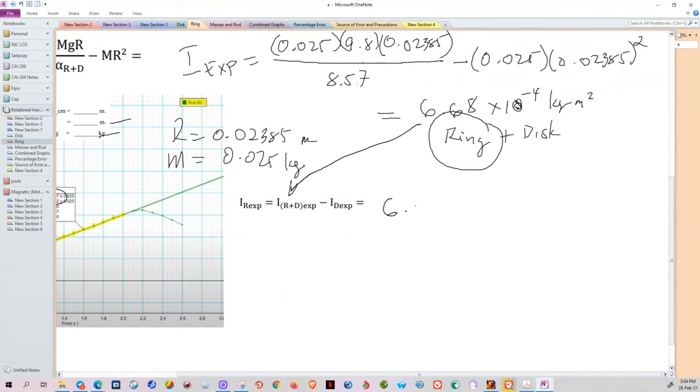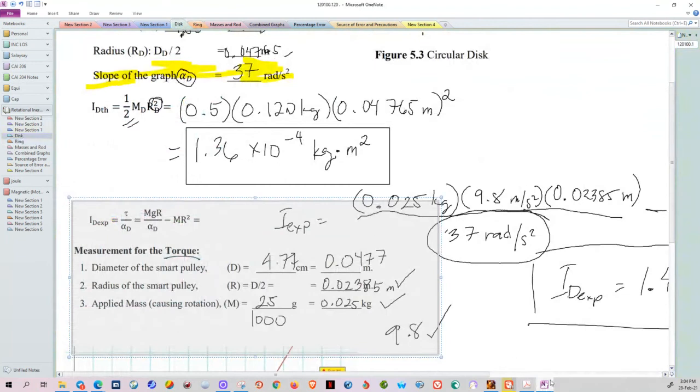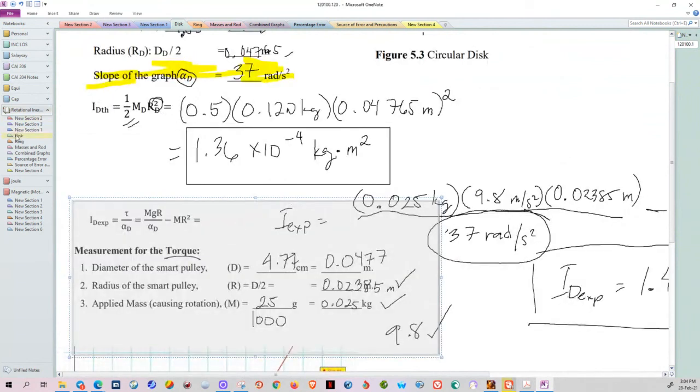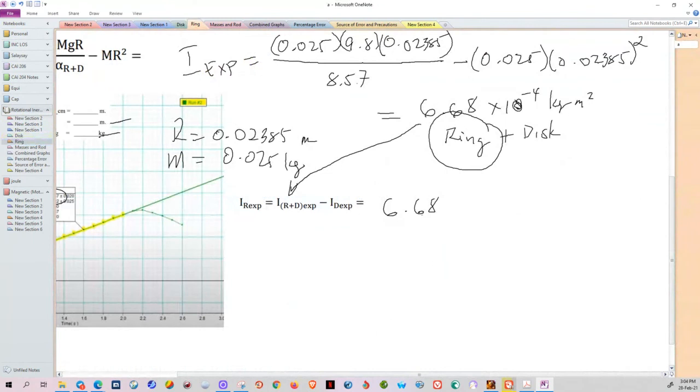So you will take 6.68 by 10 raised to minus 4. What's the inertia of the disk? Go back to the disk, also times 10 minus 4, we will minus 1.44 because that's the inertia of the disk by experiment. So go back to the ring, minus 1.44, and we know that this is times 10 raised to minus 4 kilogram meter squared.